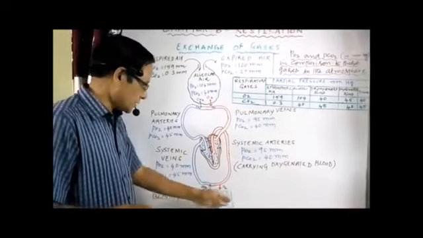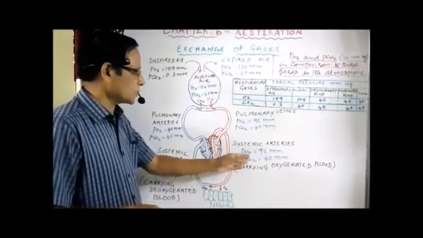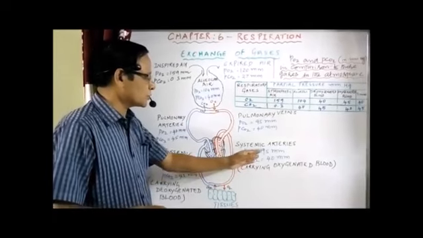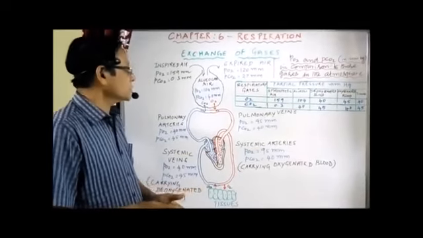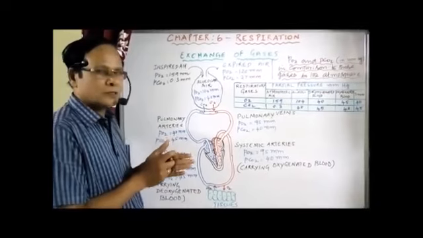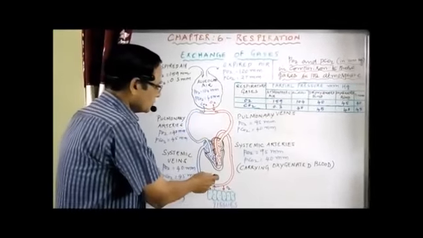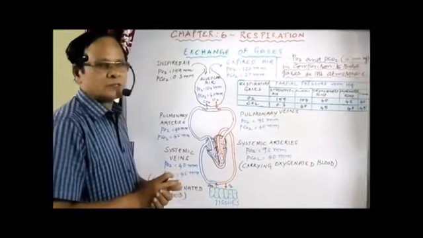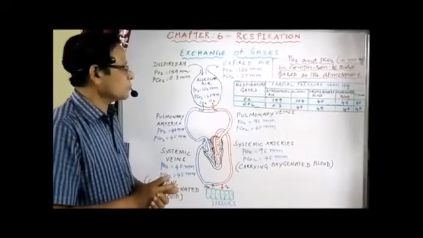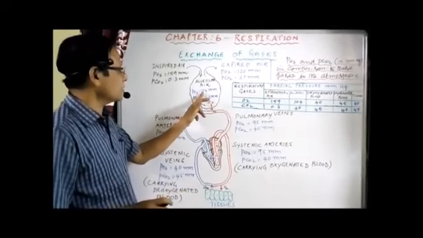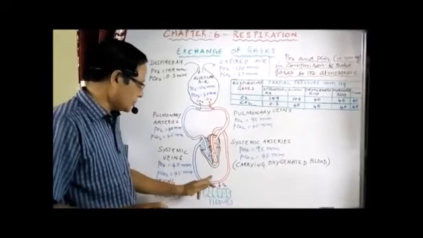The same blood is transported to the tissues, which also contain PO2 of 95 mm mercury and PCO2 of 40 mm mercury. So that's about the exchange of gases at two places: one between the alveolus and the blood, and another between the blood and the tissues. In such a way, the exchange of gases is completed, between the alveolar air and the blood, and between the blood and the tissue.